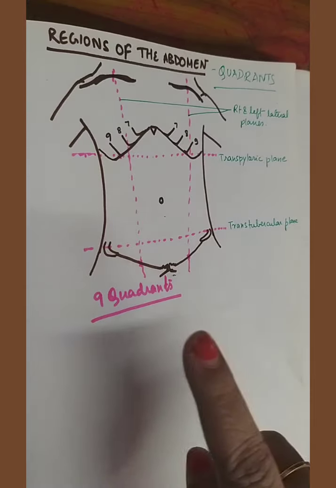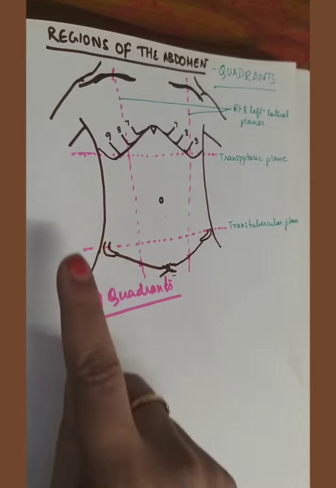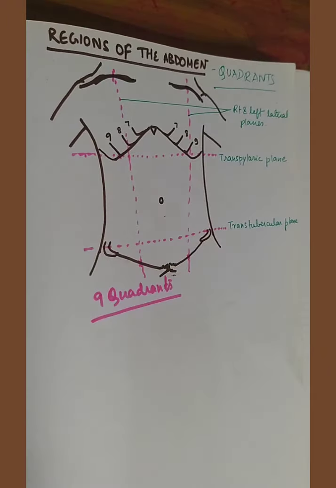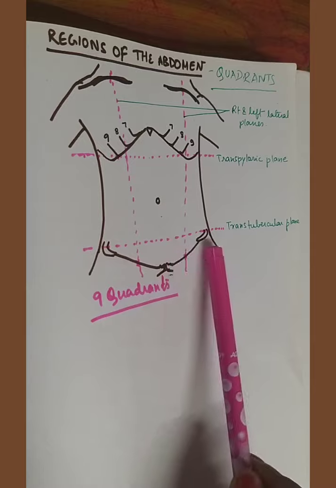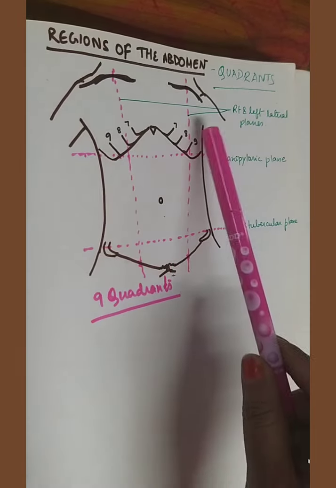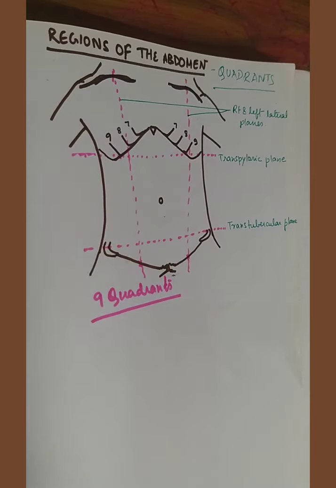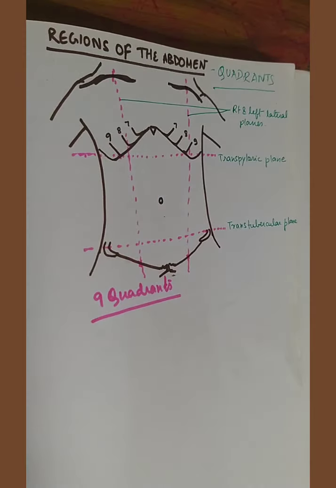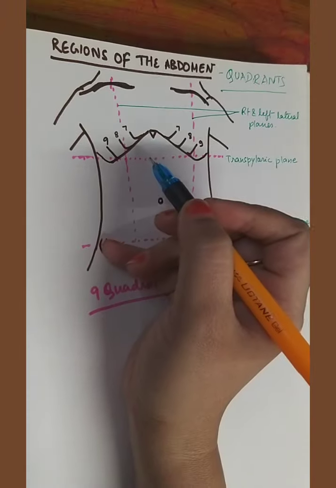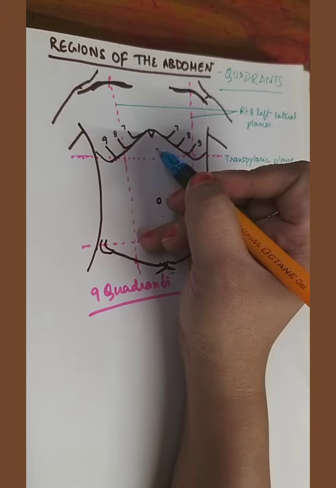Actually the 9 quadrants again can be divided into upper zone, intermediary zone and the lower zone. Above the transpyloric plane is the upper zone. This upper zone contains three regions.